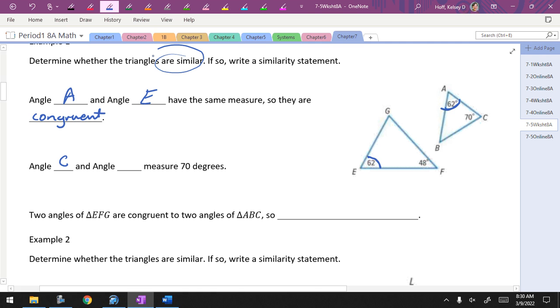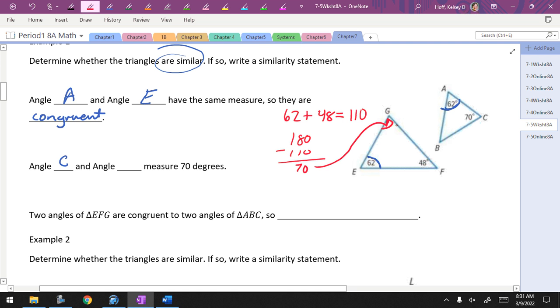Boom, Addison. All triangles add up to equal 180 degrees. So right here, if I take 62 plus 48, what do I get? 110. And if this triangle should equal 180, if I take 180 minus 110, I get, careful, just 70, right?